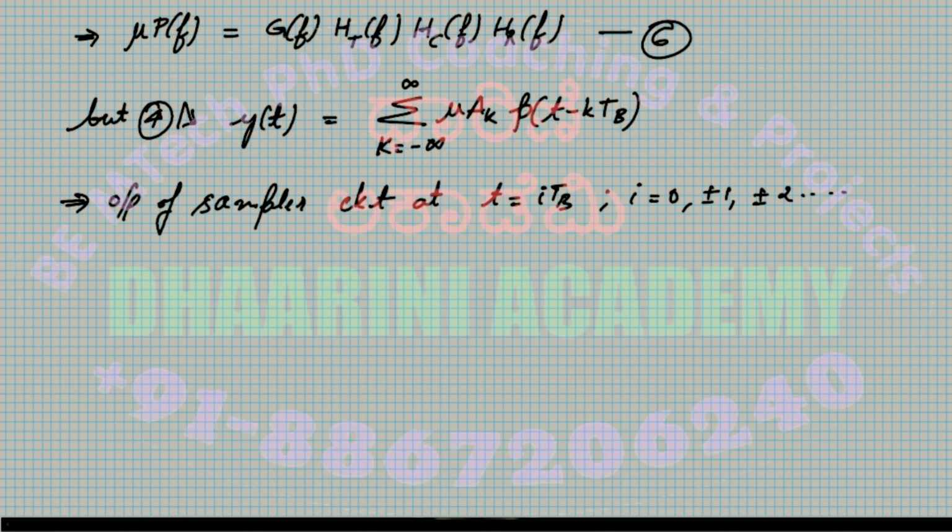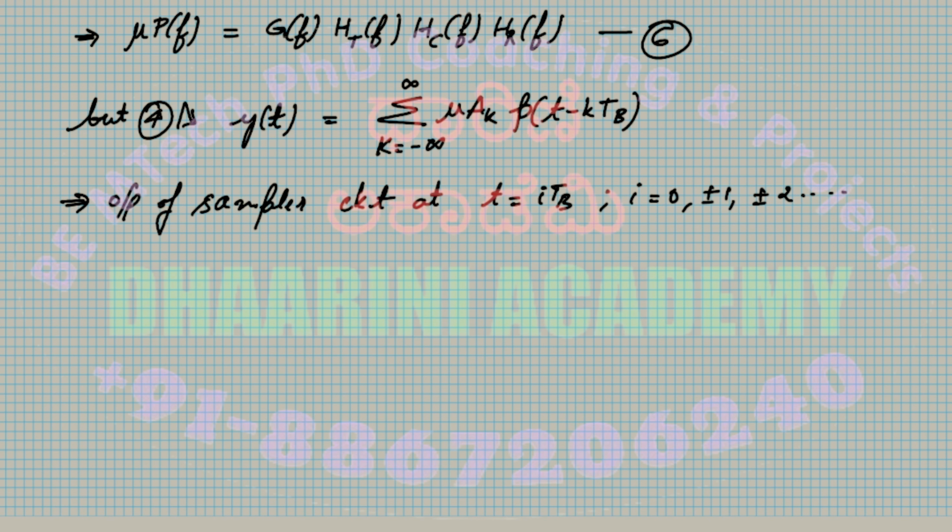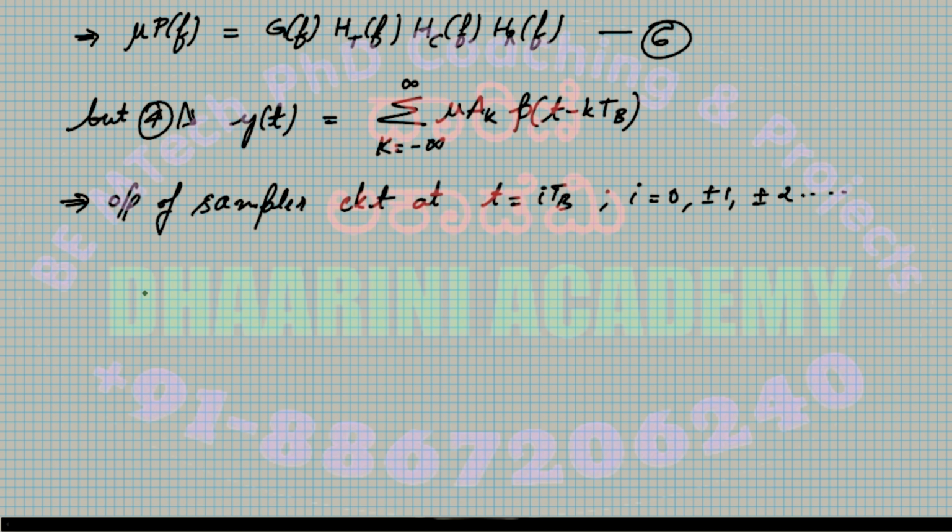You can have the samples at any point in time, so that should be denoted like this: y of I times Tb is equal to, it still holds the same, the sum over k from minus infinity to plus infinity of mu ak into the p.